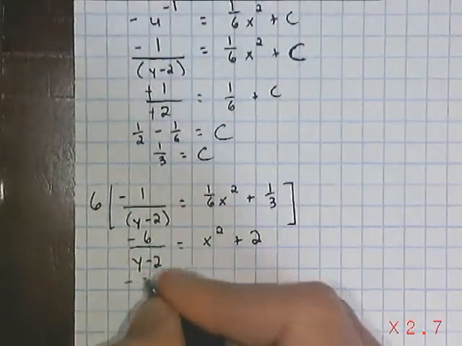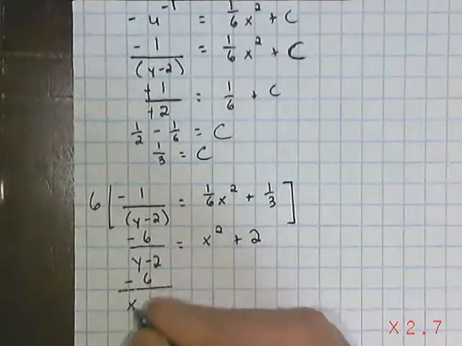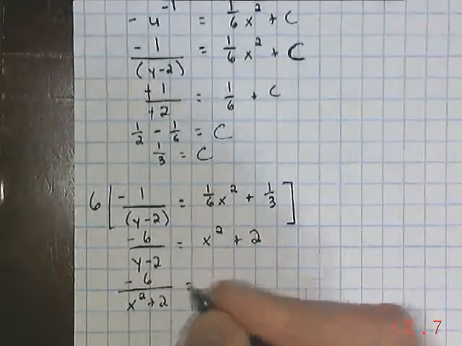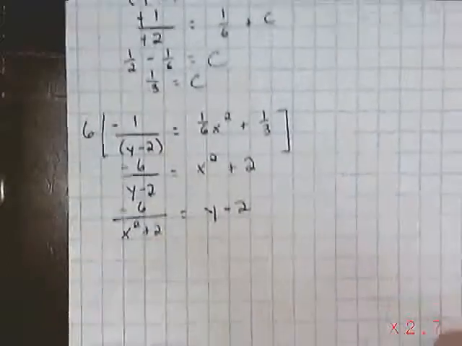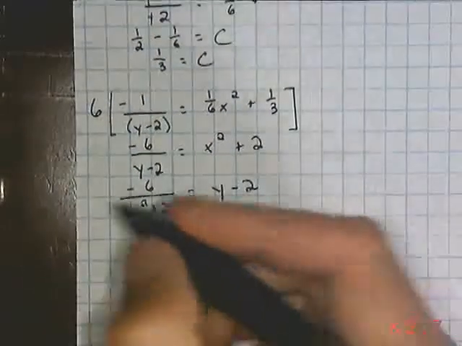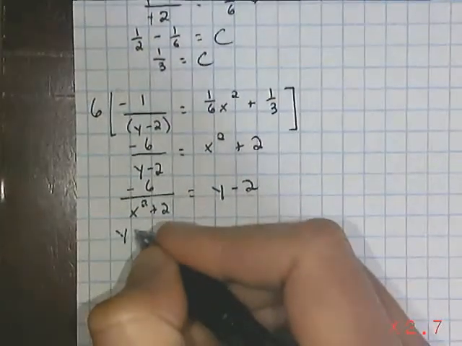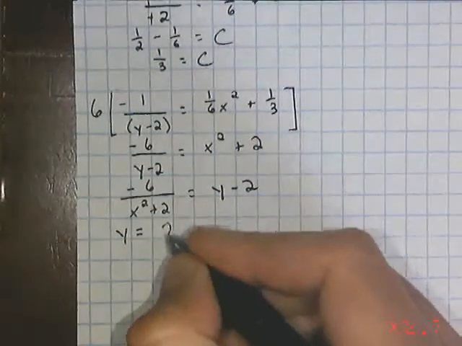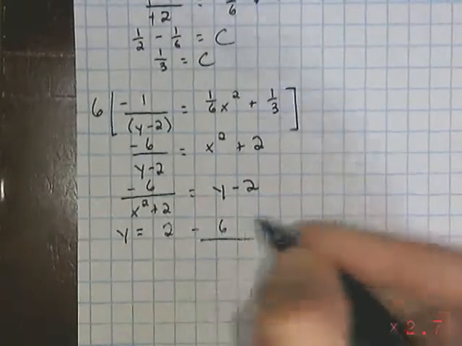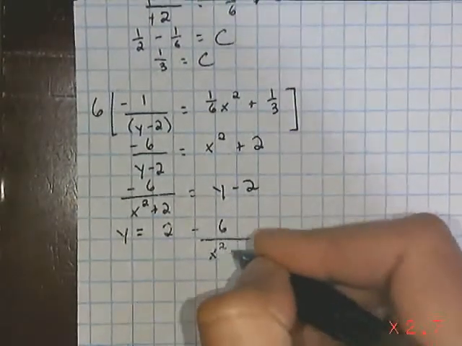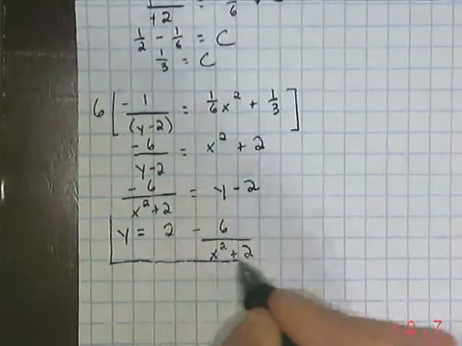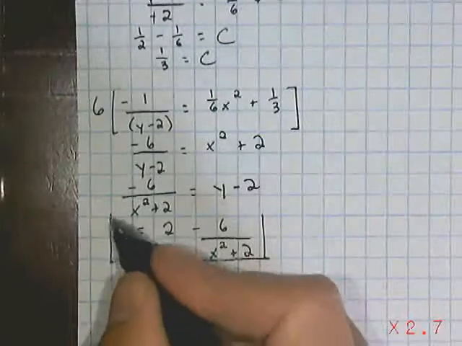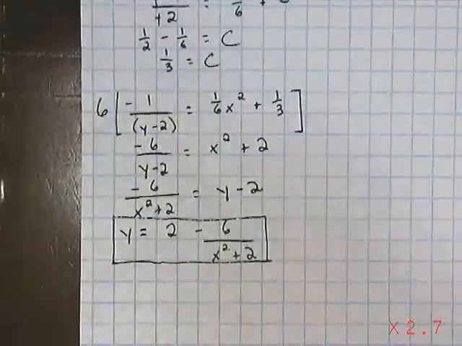We end up with negative 6 over x squared plus 2 is equal to y minus 2. And then we just rearrange a little bit to get that our specific particular solution is y equals 2 minus 6 over x squared plus 2. So that is our particular solution to that differential equation.